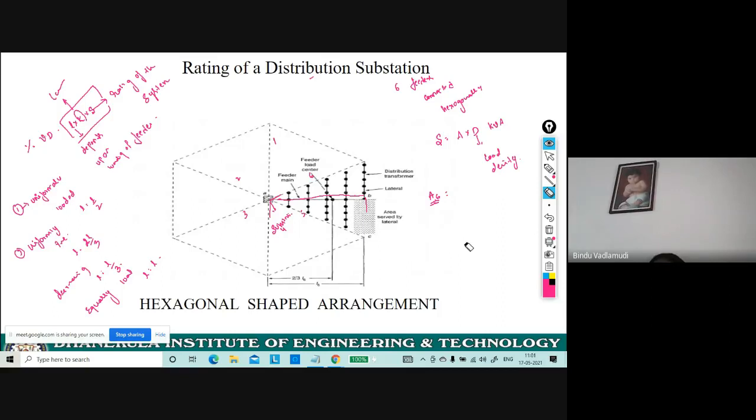Okay, so let us consider the triangle. Can I say this angle is 30 degrees? If you consider this point, what is the total angle here?